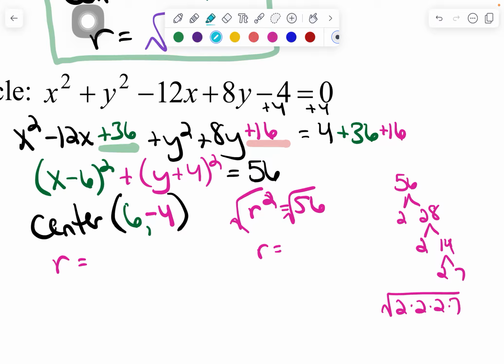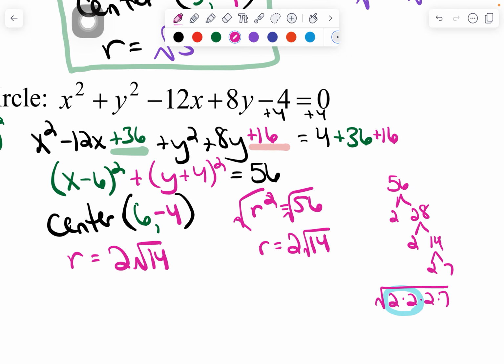And because we're talking about a square root, right, we're looking for a pair here. So the pair of 2's gets to escape the root. So that's a 2. And then what doesn't pair up, we're going to multiply back together. So 2 times 7 here stays under the root. So your radius here is going to be 2 root 14.